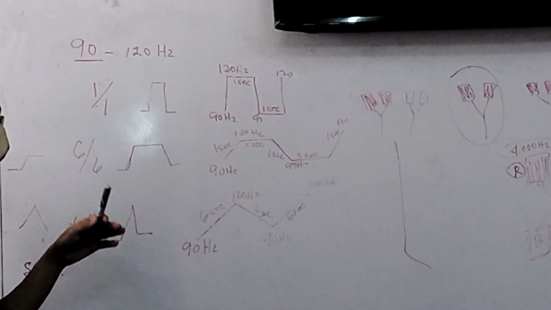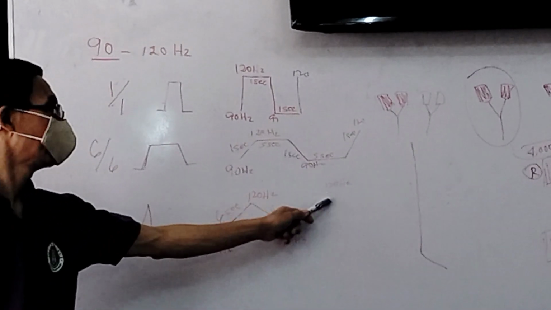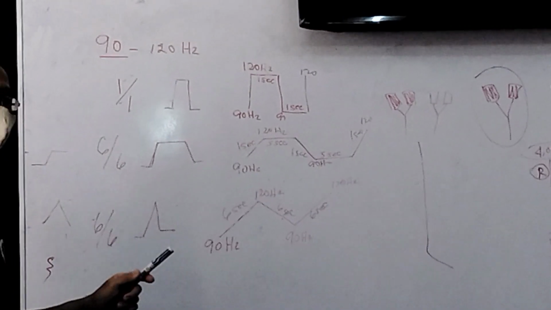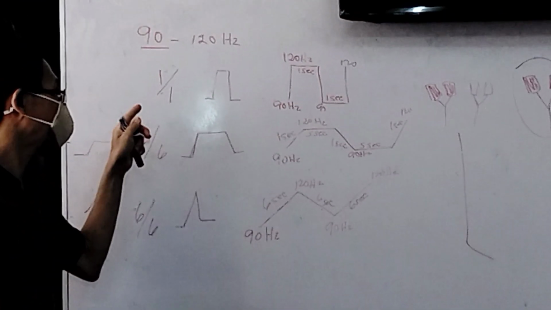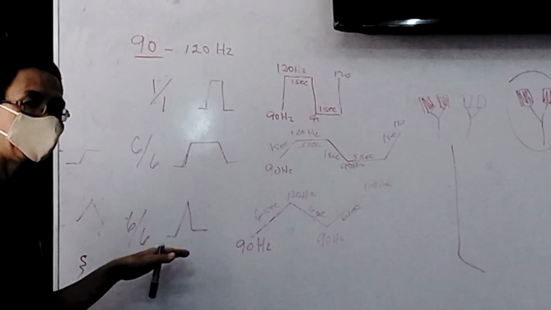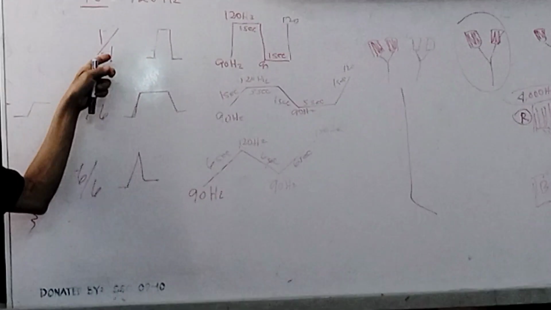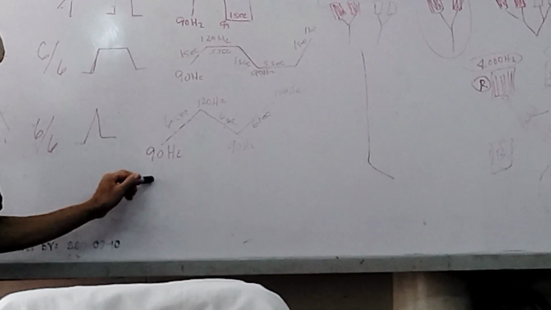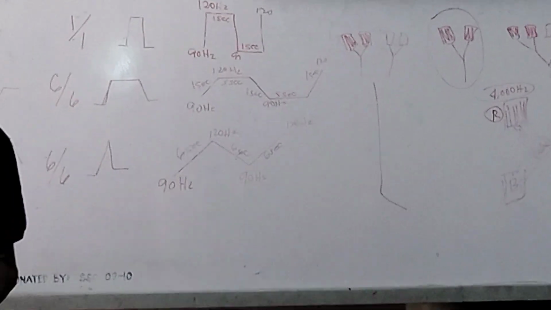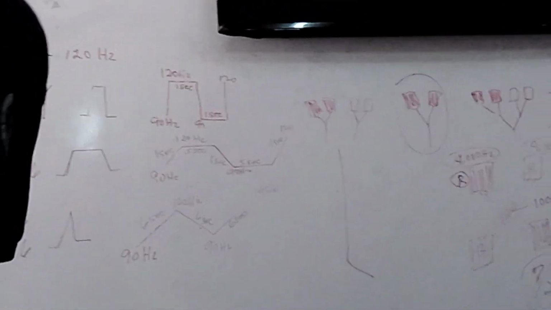So therefore, we usually prescribe this during acute condition. So if you notice, this is the least aggressive spectrum program, and 1:1 is the most aggressive. Okay? So we use this for acute. Questions so far?